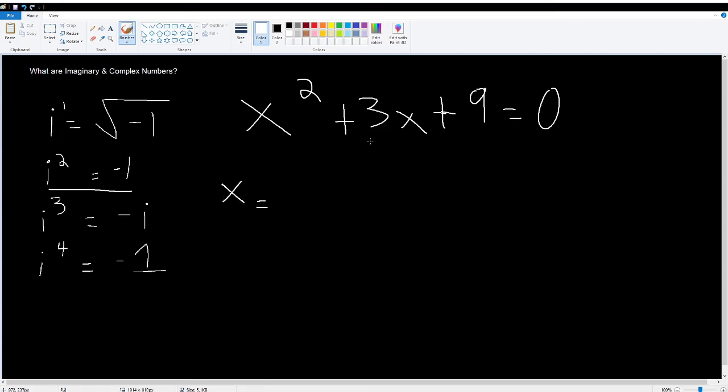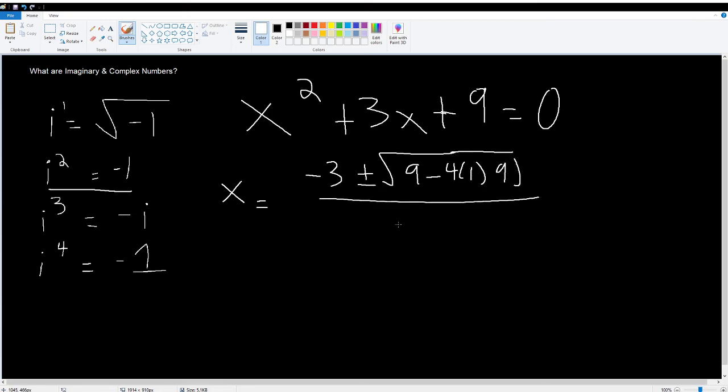So x is equal to negative b plus or minus the square root of b squared minus 4ac, all over 2 times a, which is 2 times 1. So I have x is equal to negative 3 plus or minus the square root of 9 minus 4 times 9, which is 36.